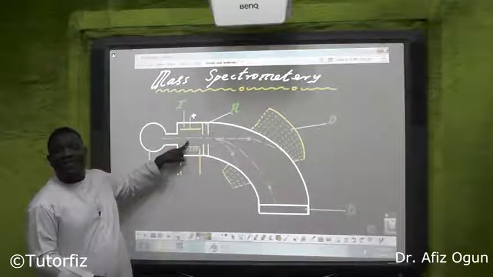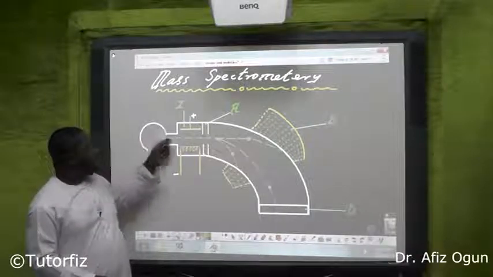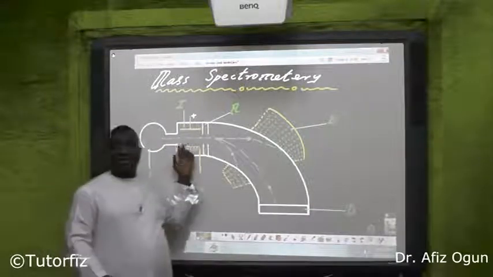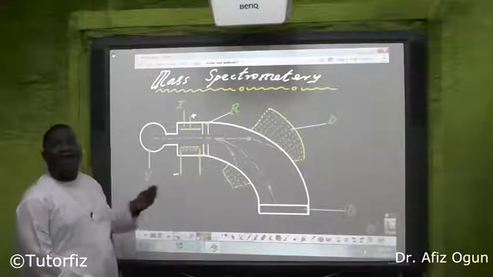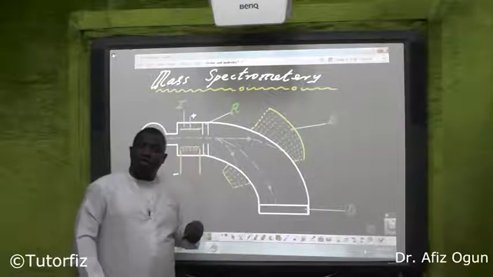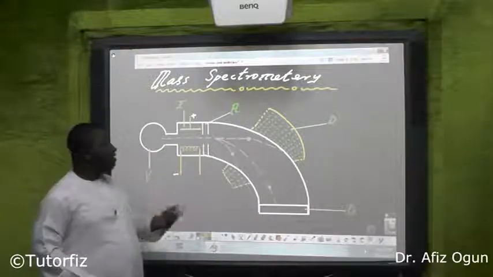Just as the mango falls off the tree, an electron will fall off because of bombardment here. That's why we call it ionization: you either add an electron or remove an electron from an atom, molecule or substance.